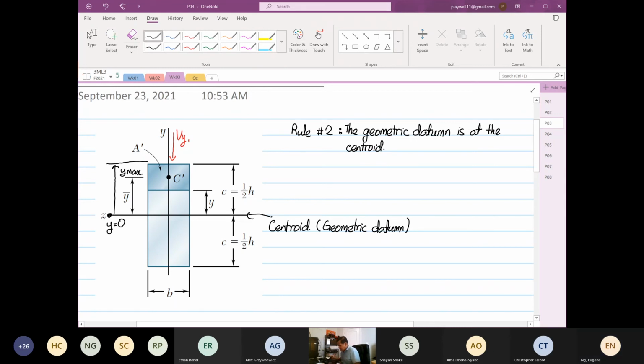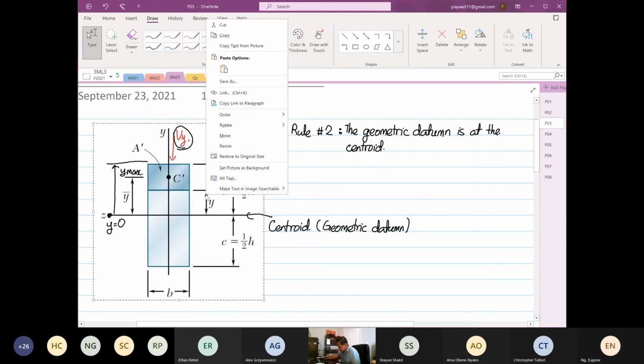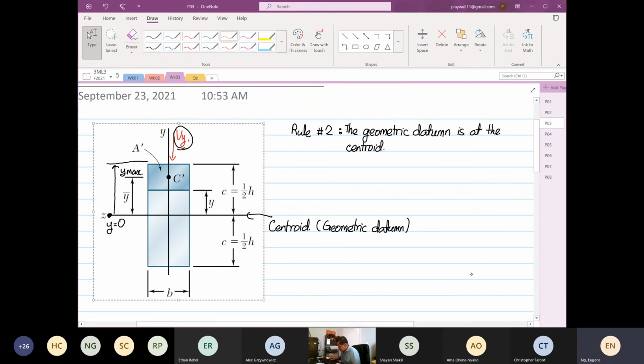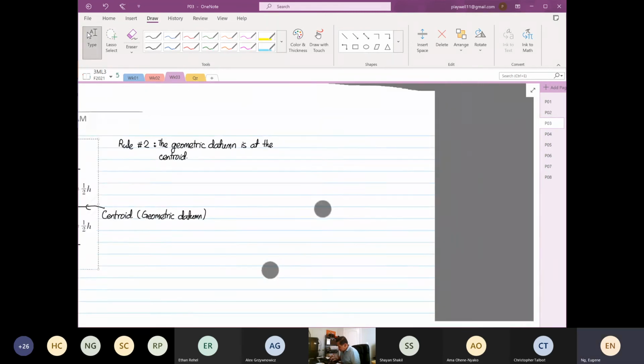Now, if we were to flip this over, what I've drawn is based on Vy. If it's Vx, I'll copy and paste down here again.